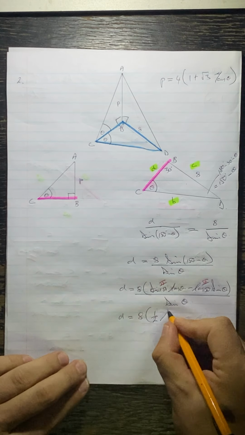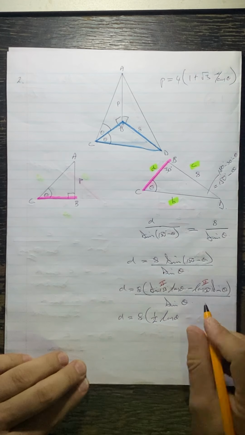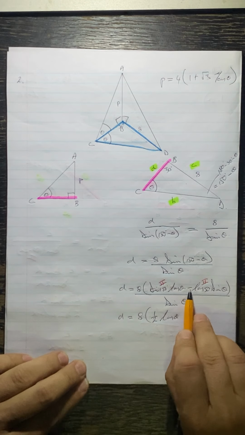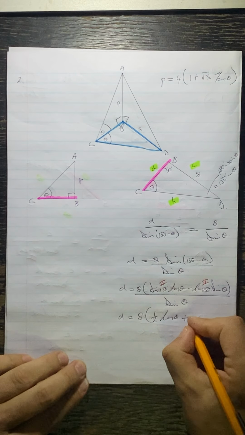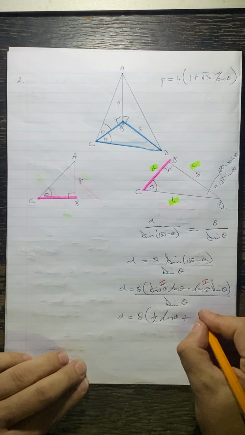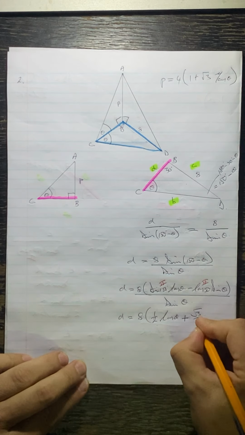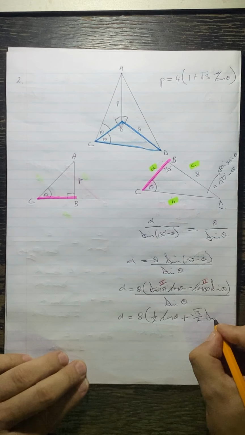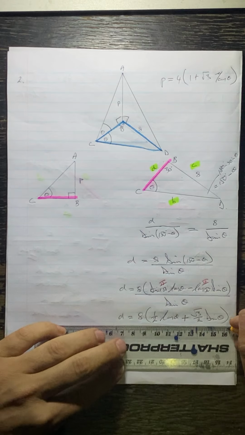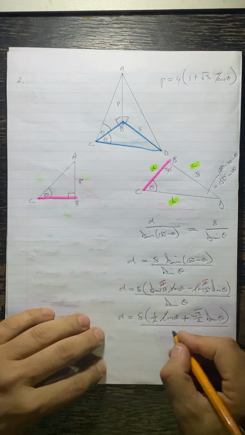And we're left here with cos theta. Cos in the second is negative. So negative and this negative will give us a positive. If we reduce that 150, it'll give us 30. So cos of 30, again, is a special angle. So we'll get root 3 over 2 sine theta, all over sine theta.